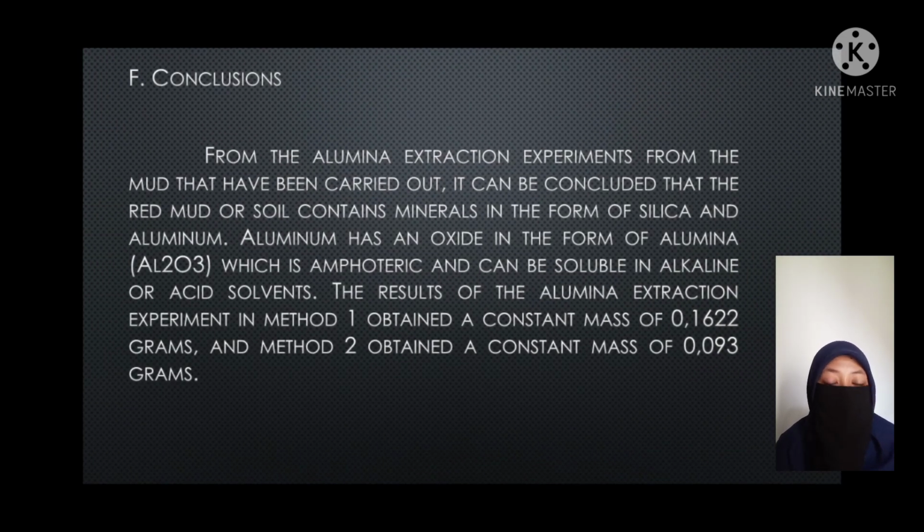Okay, next to the conclusion. From the alumina extraction experiment from the mud that has been carried out, it can be concluded that the red mud or soil contains minerals in the form of silica and aluminum. Aluminum has an oxide in the form of alumina, Al2O3, which is amphoteric and can be soluble in alkaline or acid solvent.